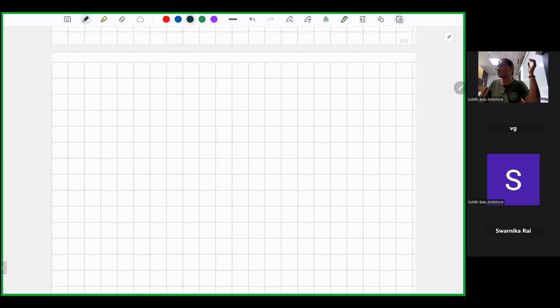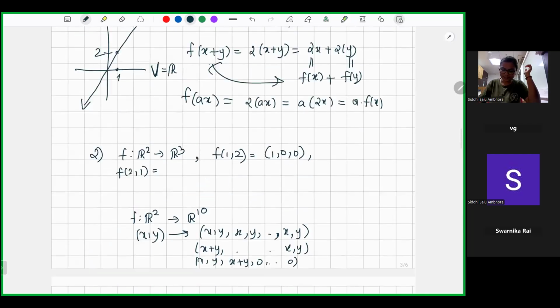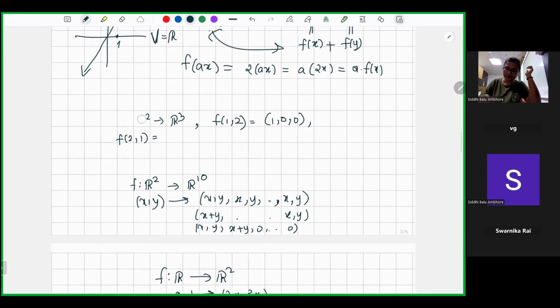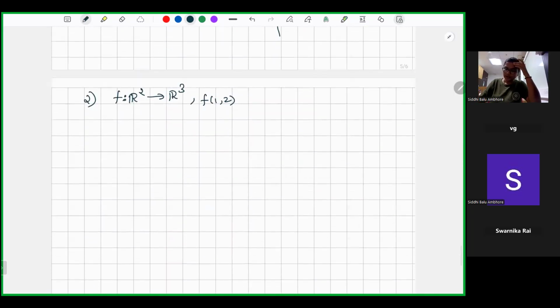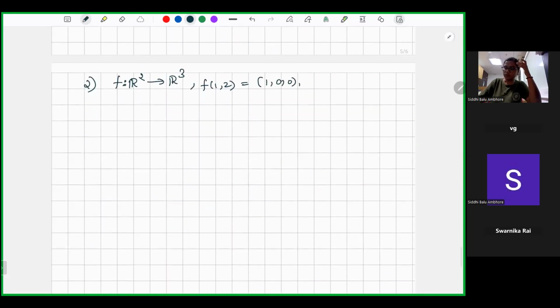Yeah, so the second one was this. Now the second one may help you to understand. I'm still audible, I hope. R3 to R2 to R3 is my function now. Such that f of 1 comma 2 is 1 0 0. f of 2 comma 1 is 0 1 0.